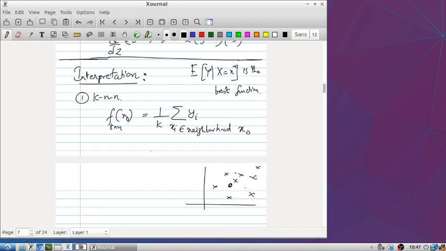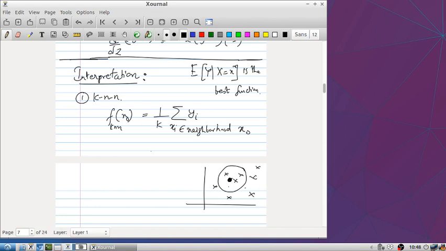Actually, this is a very lopsided picture, let me change this. So let's say this is a circle. We're looking at, in the neighborhood, which are the 3 closest points? Let's say k is 3. Just look at the y values and average them. That's what KNN does.